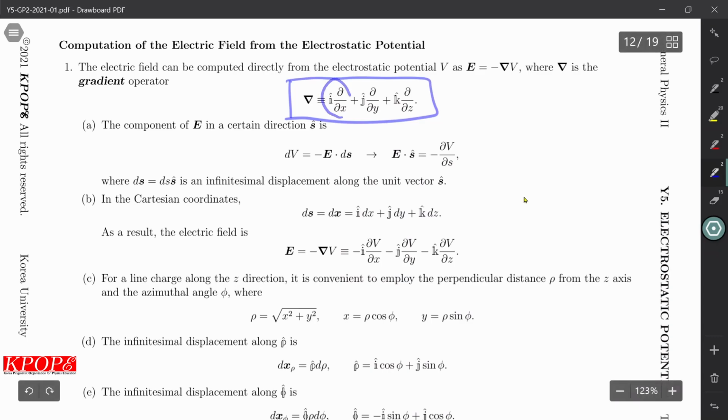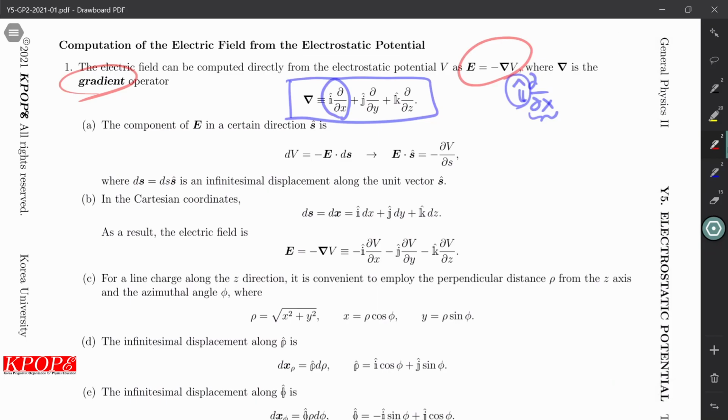So, gradient, for example, i hat is a unit vector along the x-axis, and we take the partial derivative with respect to x and multiply the unit vector along the x-axis, and so on. So this is the gradient. And electric field is defined by minus gradient of potential.